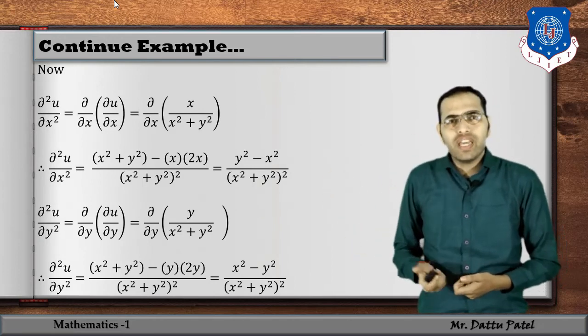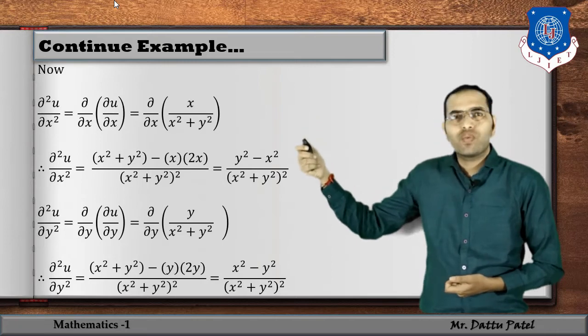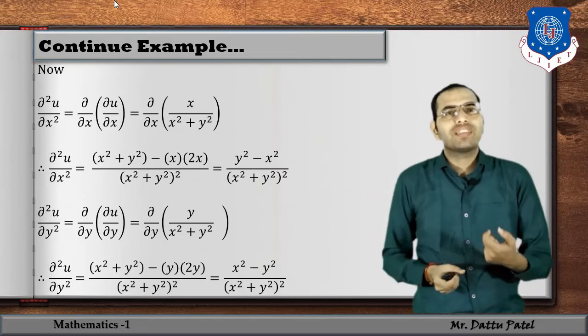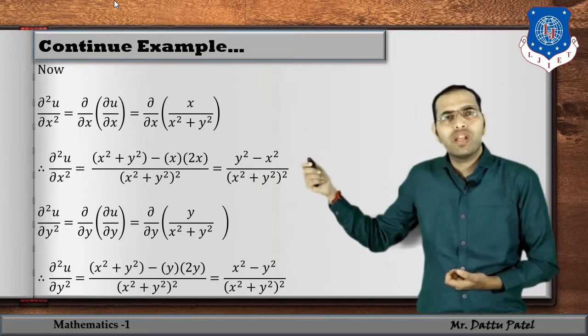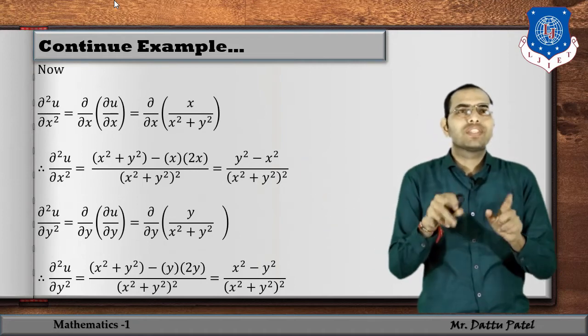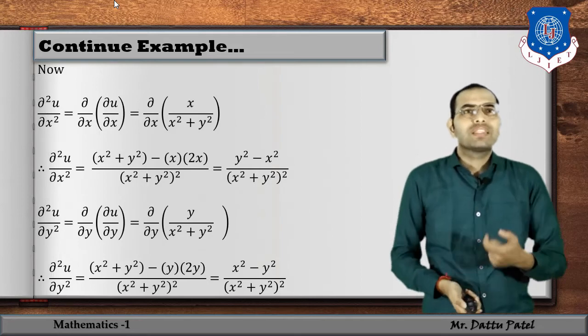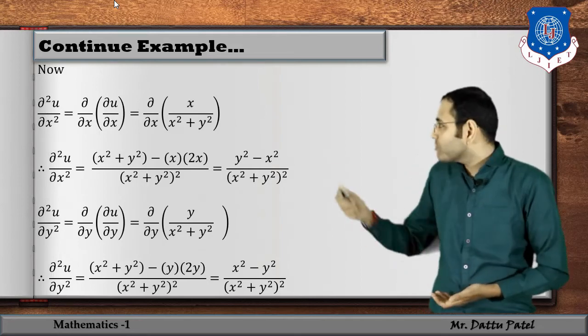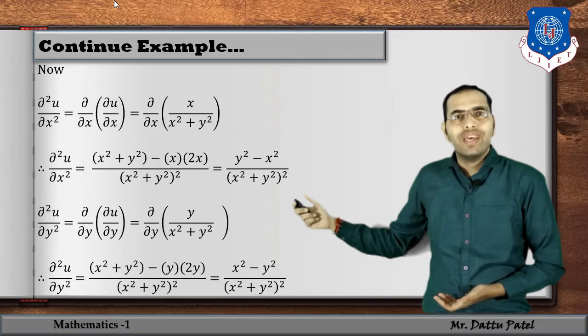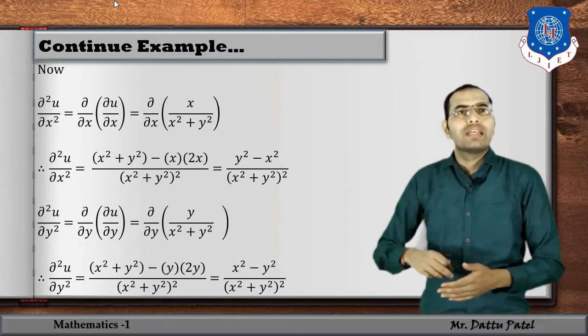Then it becomes x square plus y square into 1, minus x into the derivative of the denominator, that is 2x, upon the square of the denominator, that is x square plus y square whole square. Simplifying the numerator, it becomes y square minus x square upon x square plus y square whole square.